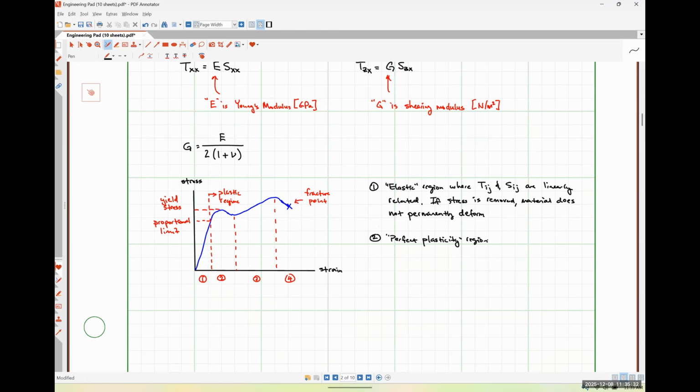Stress and strain are no longer linearly related. Okay. And plastic deformation has occurred.